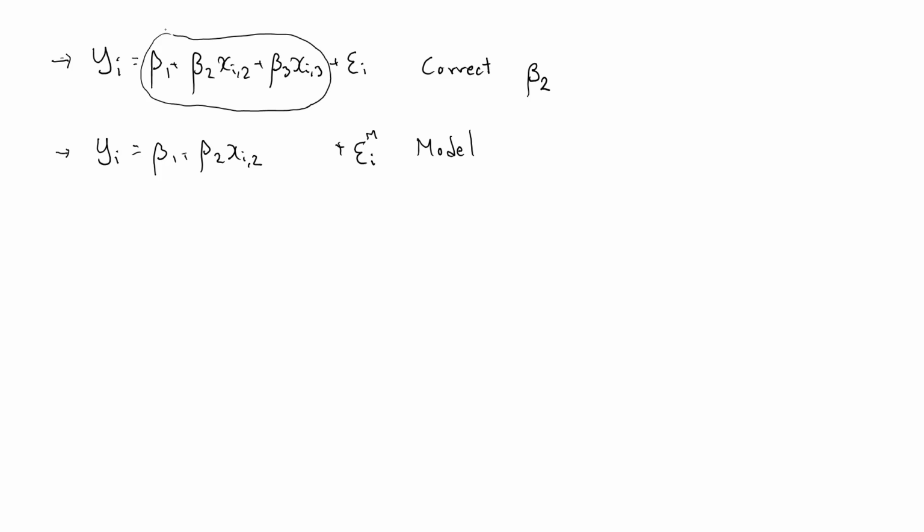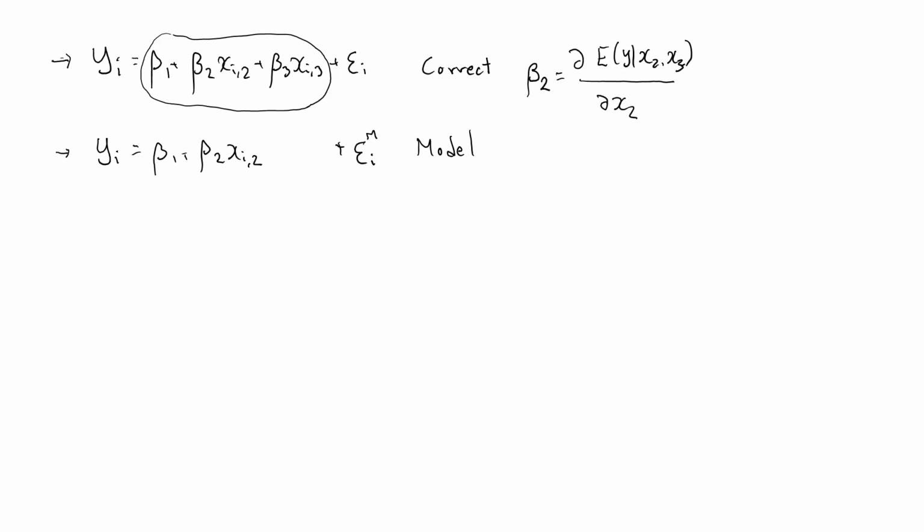Remember, partial derivatives are always interpreted this way. That is, if I increase x2 by 1 unit and I make no changes to x3, what's the effect of this blob? Well, this blob is really the expected value of y conditionally on x2 and x3. So what beta 2 tells us is the partial derivative of this blob with respect to x2.